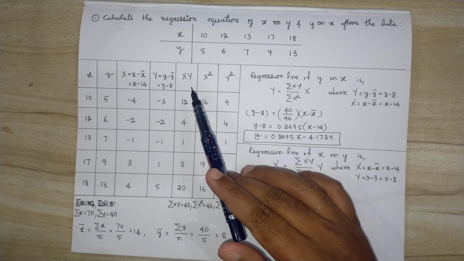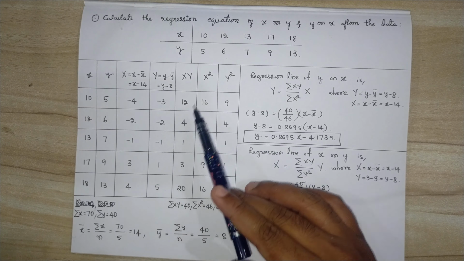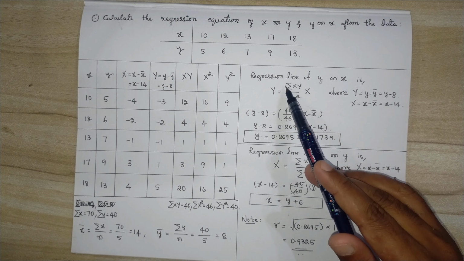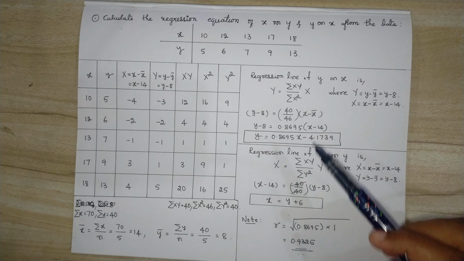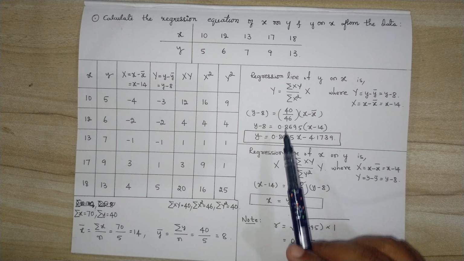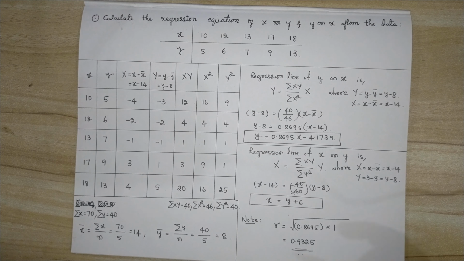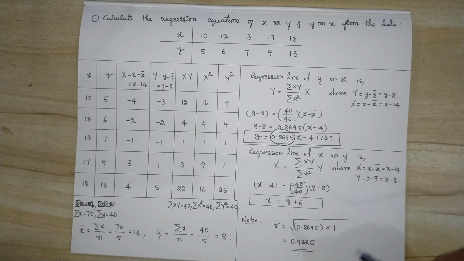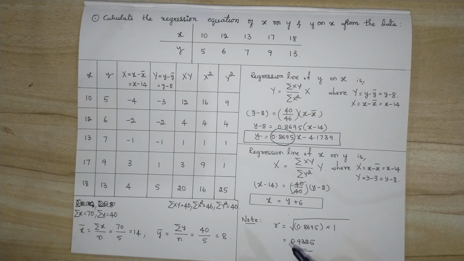And let us calculate their product, x into y. So let us add these values. That is your summation x into y. So by substituting these values, I can get the regression line of y on x. And remember, this is the slope of the regression line of y on x.